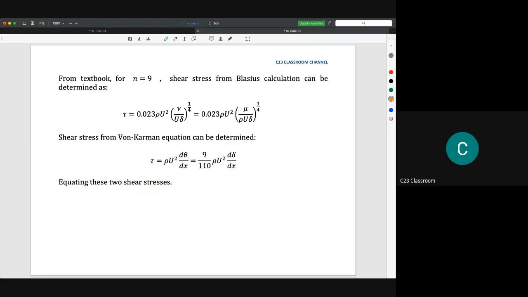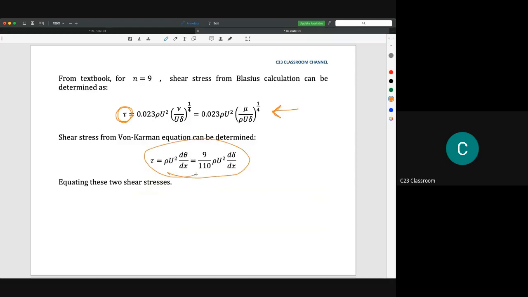Okay, so from the textbook, as I said, we cannot use the idea of viscosity, shear stress from Newton's law of viscosity. So we need to use the shear stress from the Blasius. And from the textbook, we could get that it is equal to this one, 0.023. And then we equalize with the von Karman equation. I simplify this because you could do this calculation.